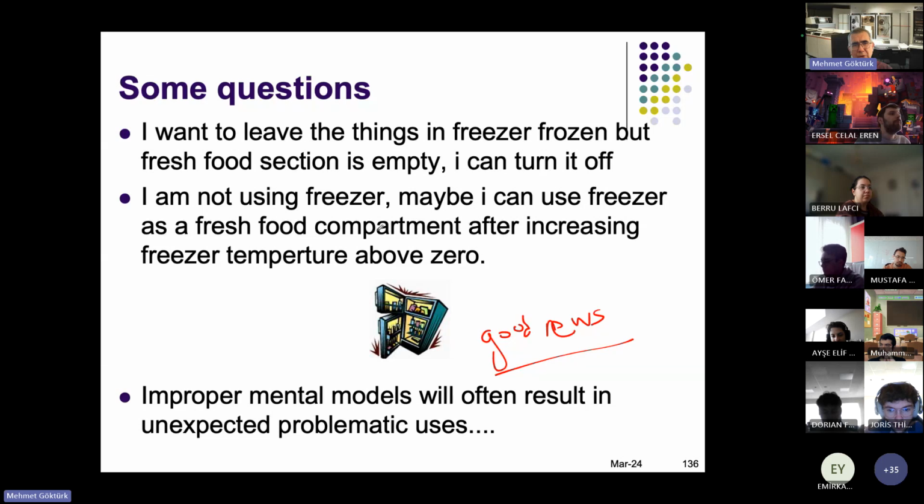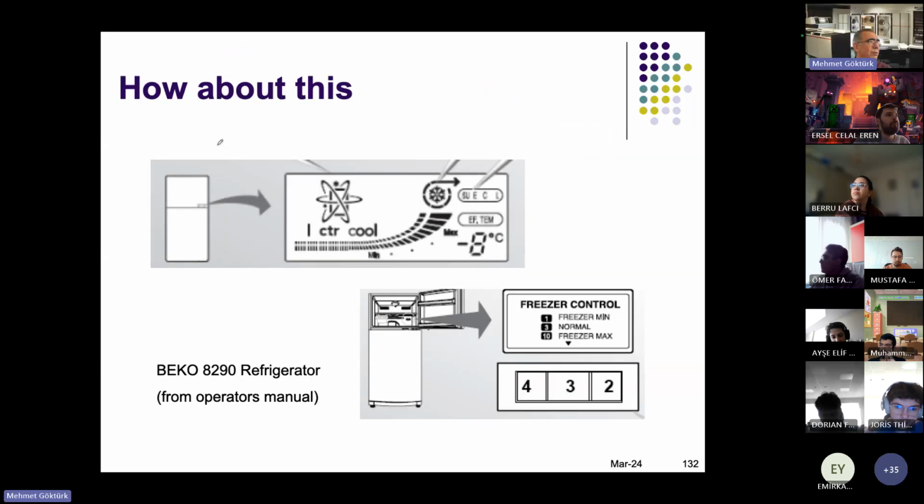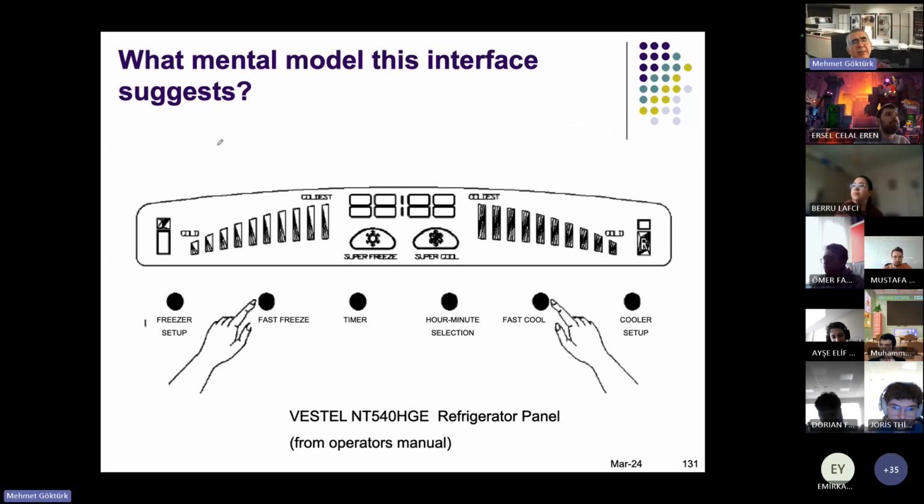So this question has been addressed in a new model refrigerator, technically, so people can use it this way. But the models I have shown to you, this one, it didn't provide that kind of capability, but the interface resulted in that kind of use.